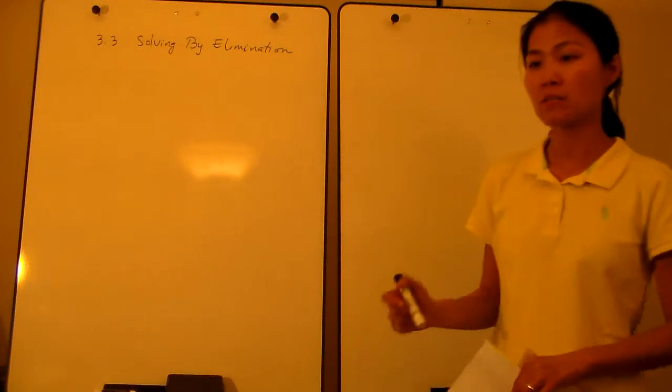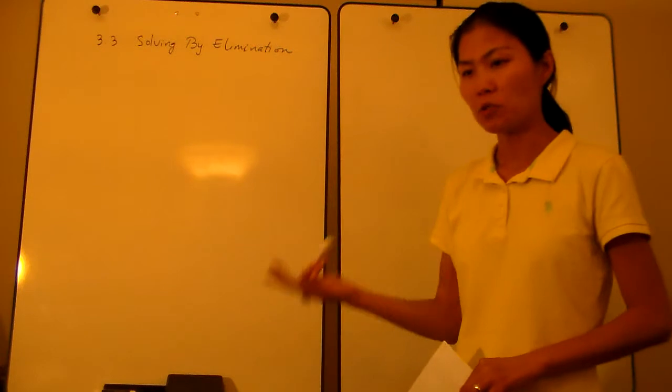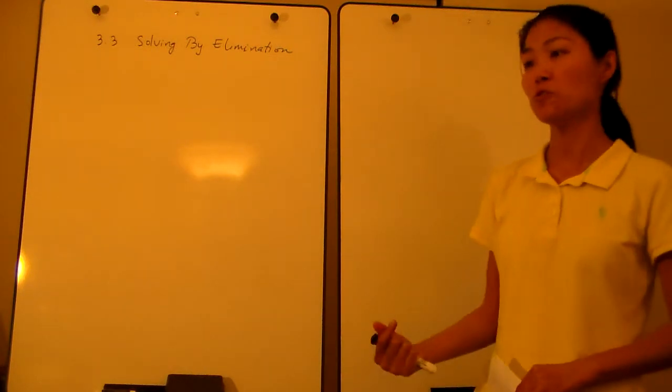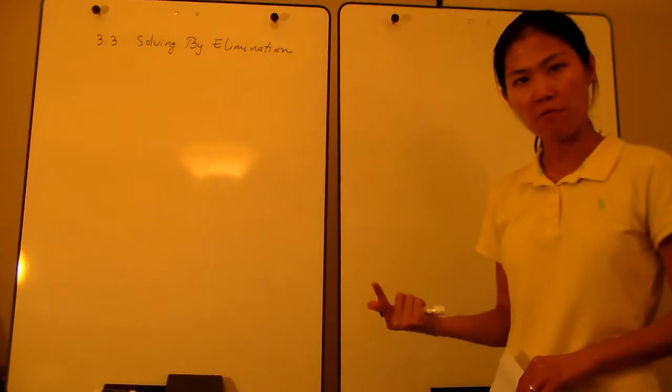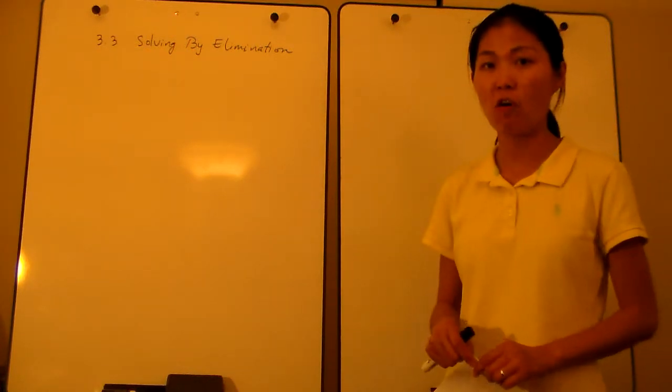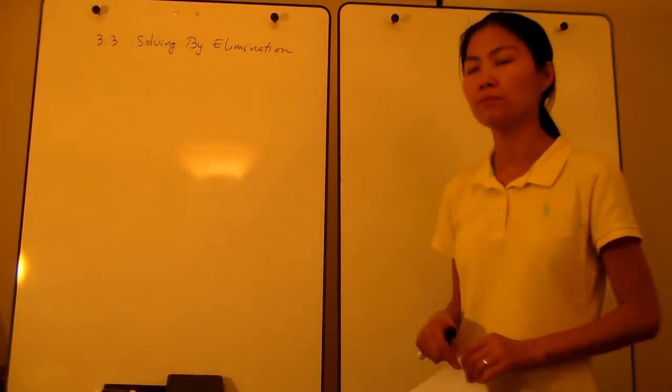Remember, for a system of two equations with two variables, we can use graphing, we can use the substitution method, and now we can use the elimination method to find the solution.